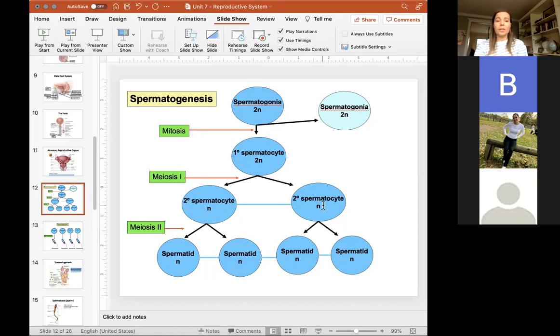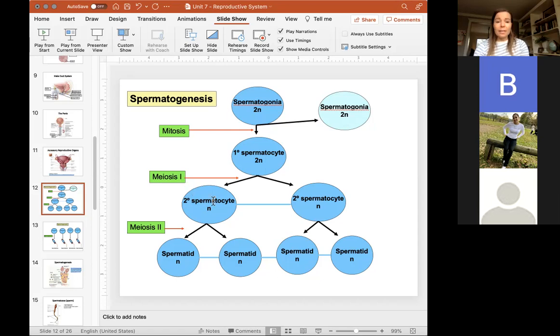Now you have half the normal number of chromosomes within both of these cells. These are now called secondary spermatocytes once you have gone through meiosis 1. Okay, the resulting cells are 2 secondary spermatocytes. And remember that these are haploid.